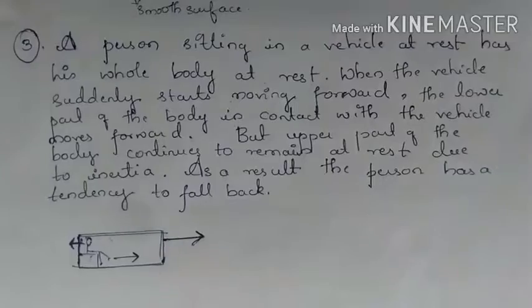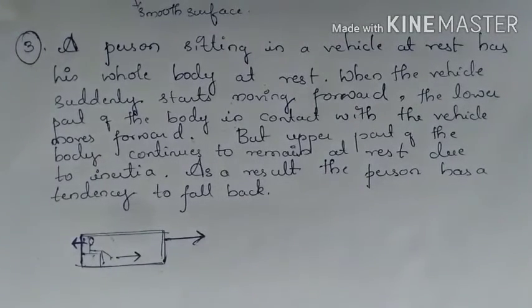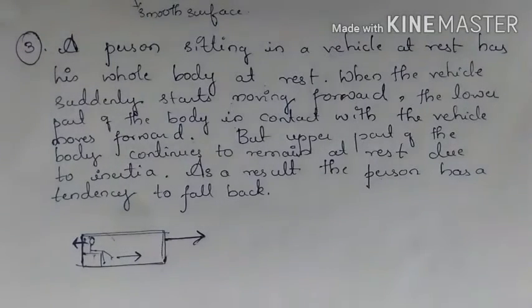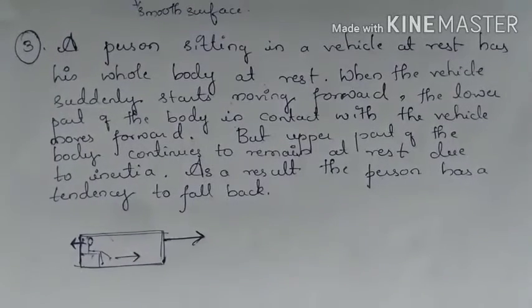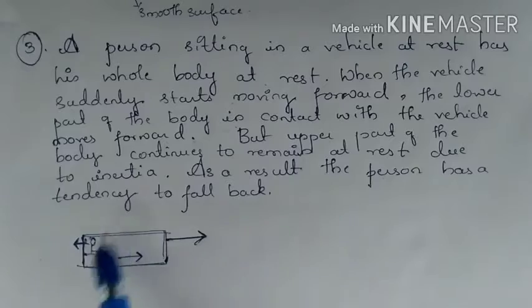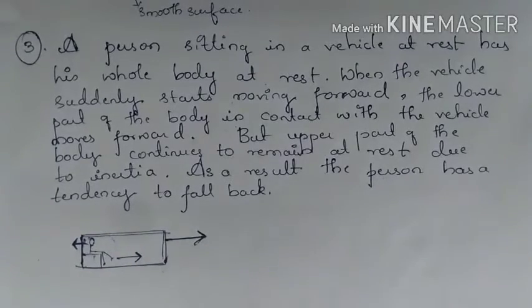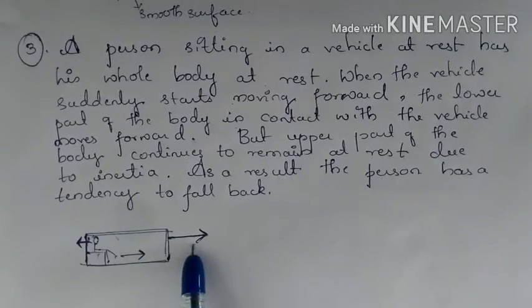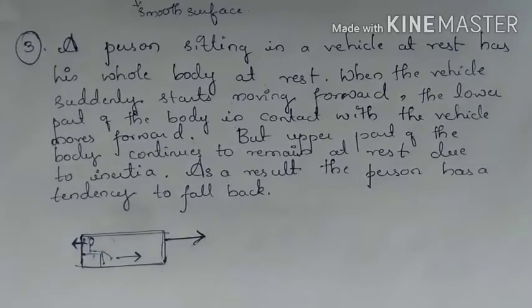There is a vehicle which is at rest, and in this vehicle there is a person who is sitting. If this person is sitting in the vehicle which is at rest, then this person will also be at rest. If suddenly this vehicle starts moving forward, then the lower part of this person will also start moving in the forward direction, but the upper part will continue to remain in a state of rest. Hence when the vehicle moves forward, this person will move backward.